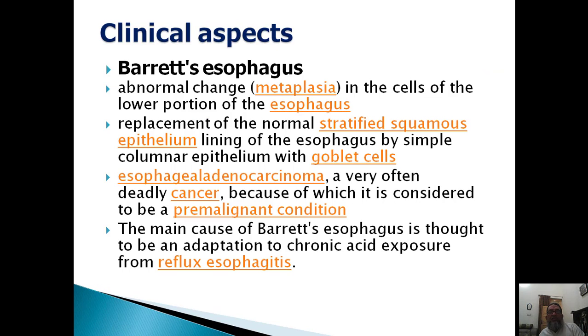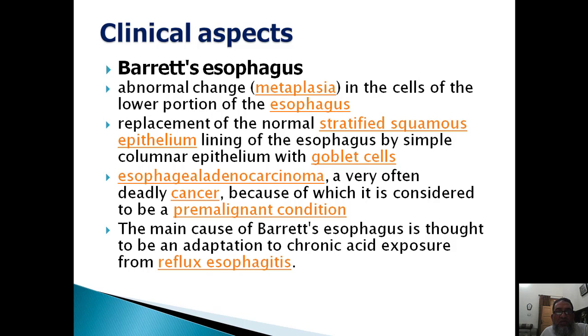Now what are the clinical aspects of this histological picture of all these organs? Abnormal change in the epithelial tissue in the lower portion of the esophagus is called metaplasia. Now you all know that the lower part of the esophagus is the stratified squamous epithelium.